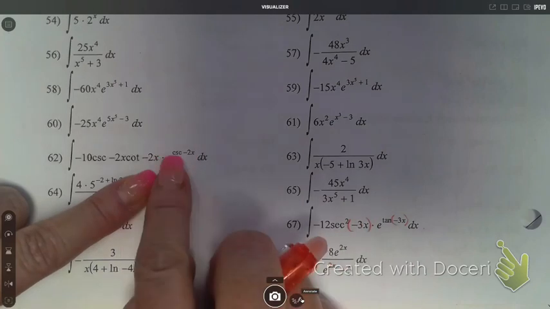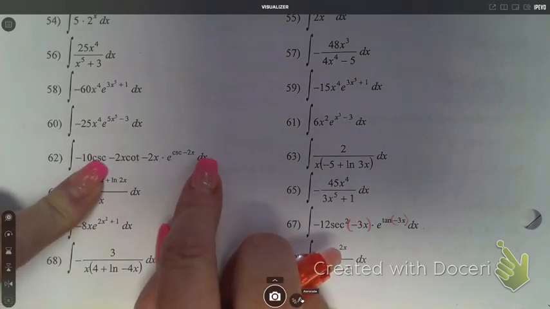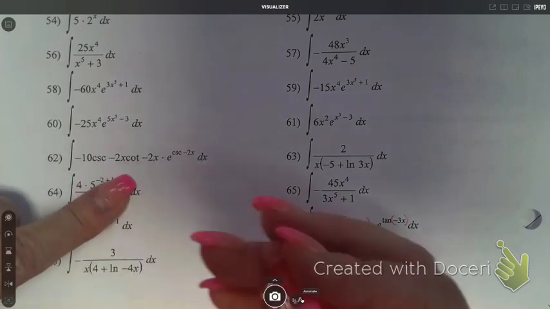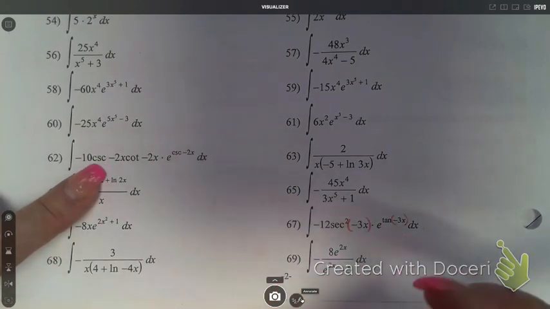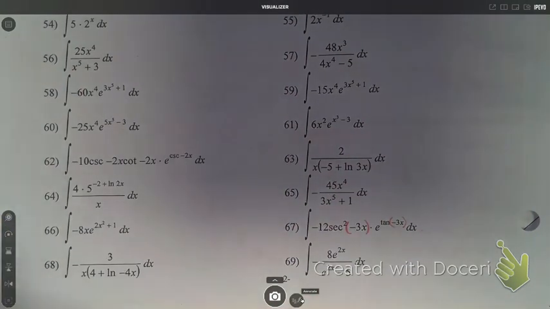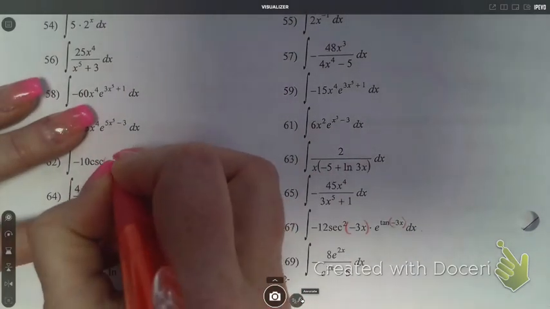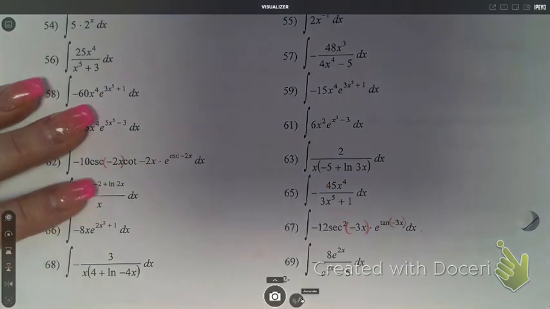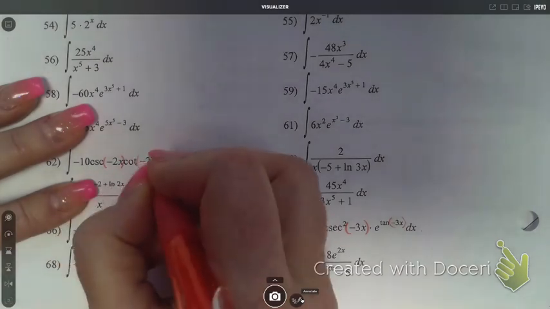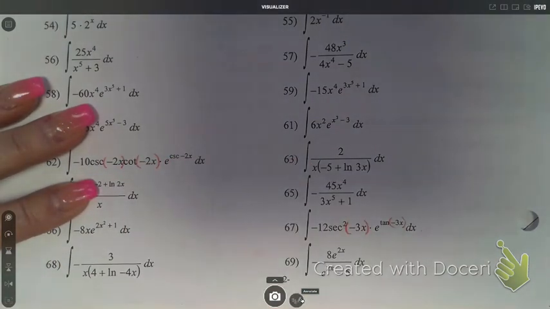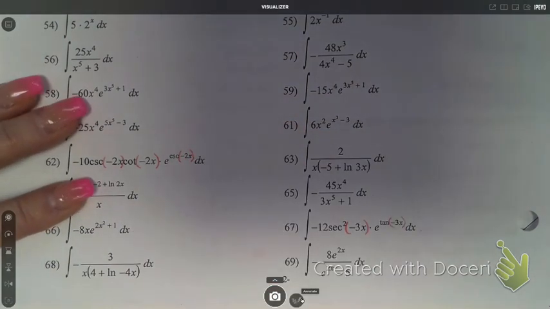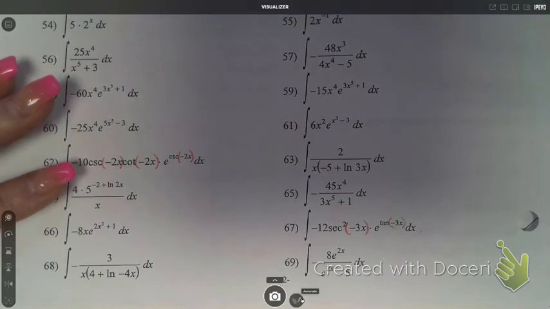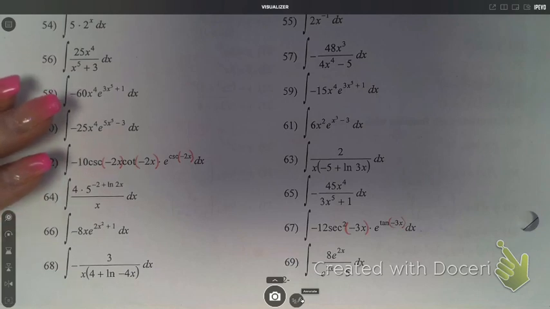There are no parentheses there, are there? So there's no "of." Can I have just cosecant randomly there? No. Once I do this, I have the cosecant of negative 2x, and the cotangent of negative 2x, and the cosecant of negative 2x again. It completely changes your problem. Parentheses are important.